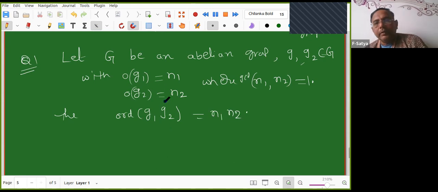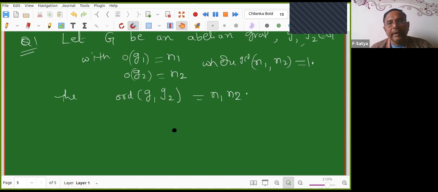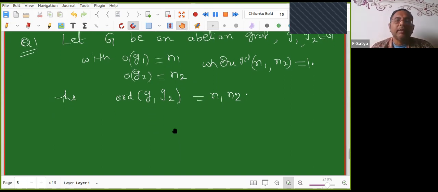If their GCD is 1, then there is an element of order n1 n2 also. If you have two elements whose orders are n1 and n2 with GCD 1, then I can find an element whose order is equal to the product of these orders. That is one of the nice results.